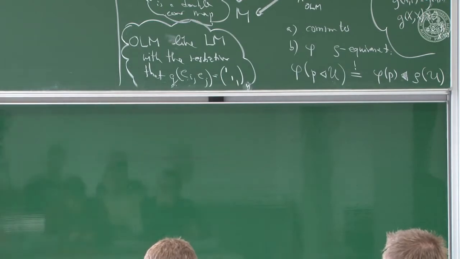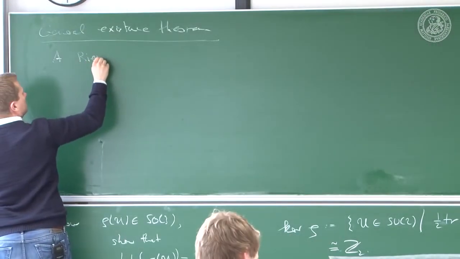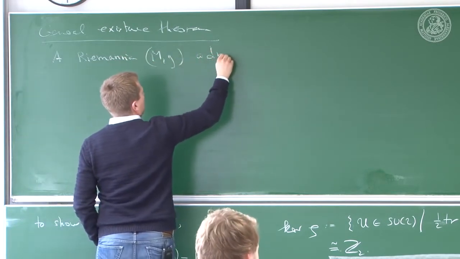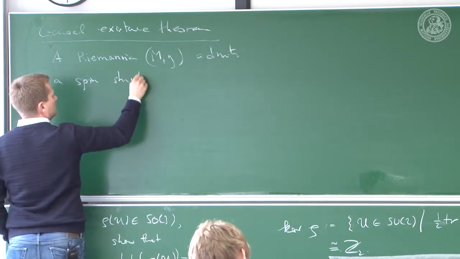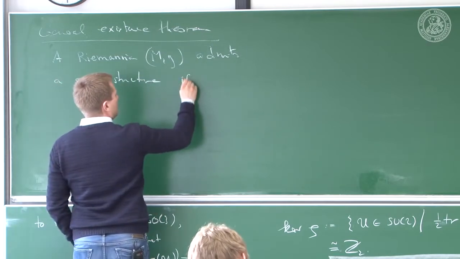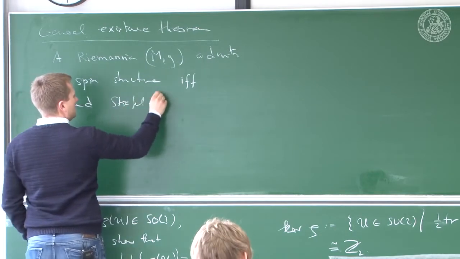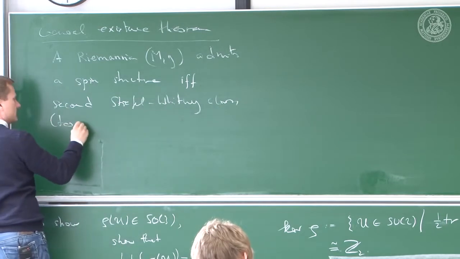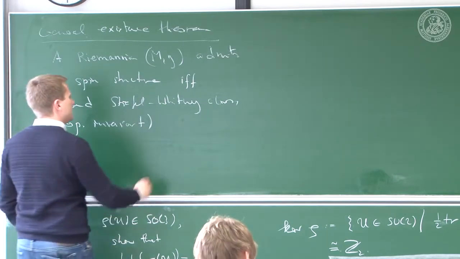Now, for our special case, there is a nice theorem: a Riemannian manifold admits a spin structure if and only if the second Stiefel-Whitney class, which is a topological invariant we're not treating here, but you can look that up, vanishes.